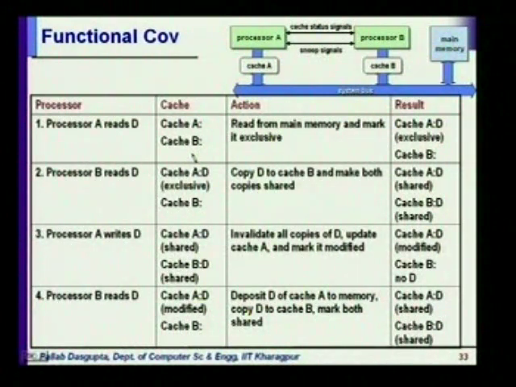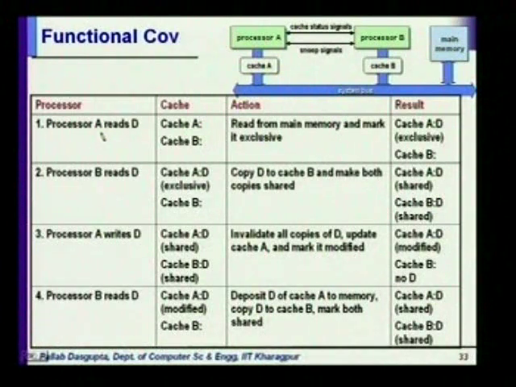Now remember that because functional coverage talks about functionality, it has a manual component in it, and that manual component is in understanding what kinds of scenarios we need to cover, and then defining the things that we have to do, and that is then translated into coverage monitors and fed into the test architecture.